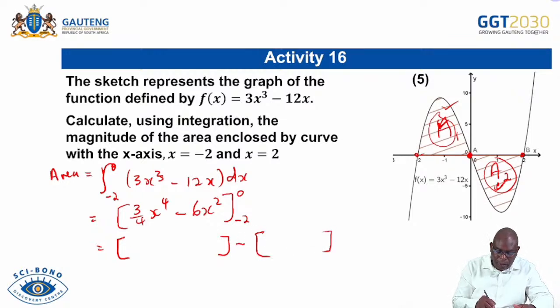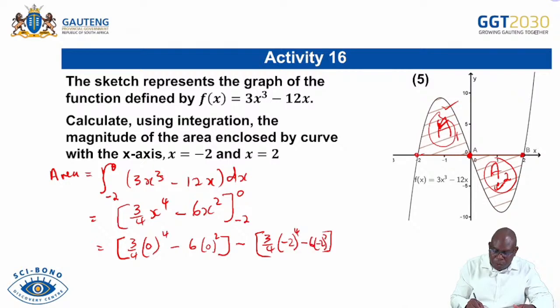So I'm going to have 3 over 4 times 0 to the power of 4 minus 6 times 0 squared. This side I'm going to have 3 over 4 times minus 2 to the power of 4 minus 6 times minus 2 squared.